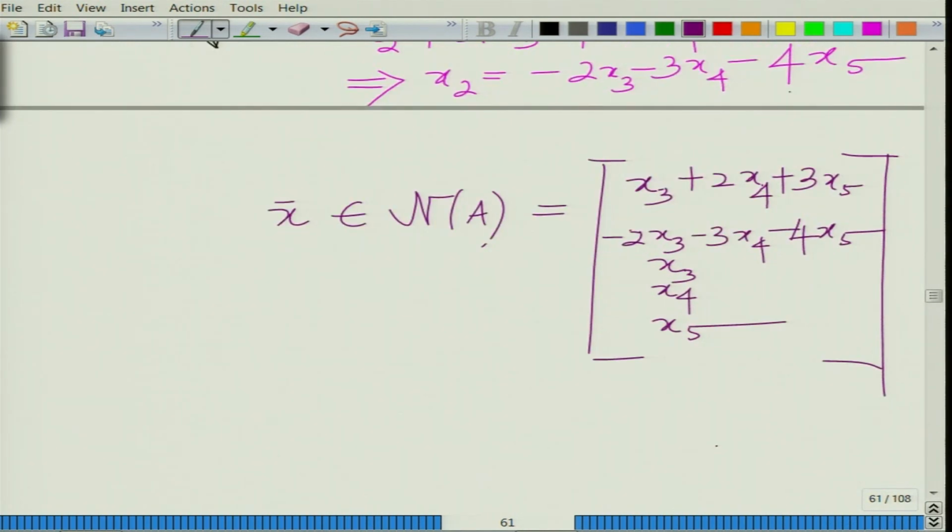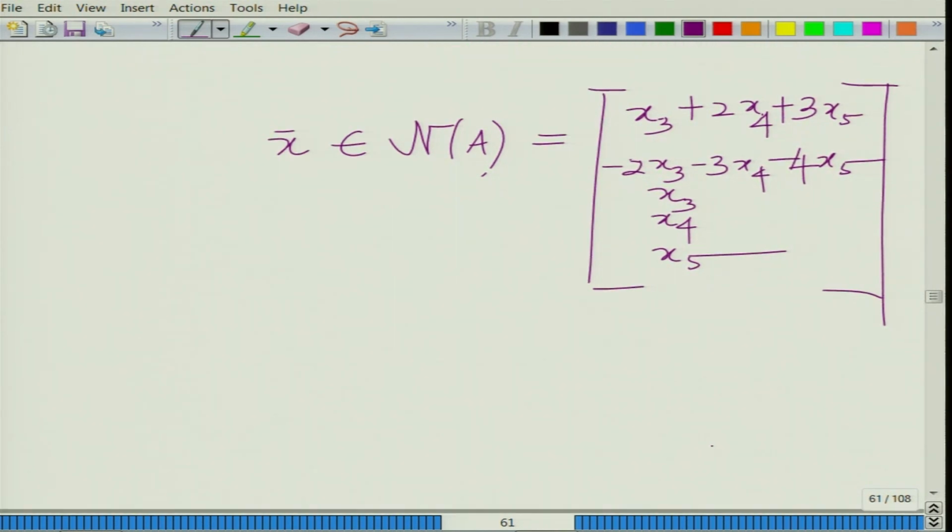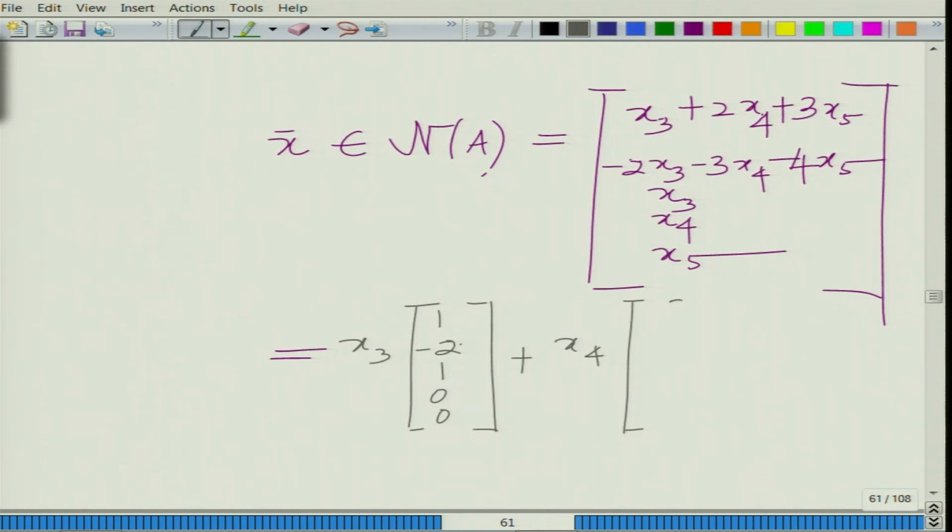You can expand this as x3 times (1, minus 2, 1, 0, 0) plus x4 times (2, minus 3, 0, 1, 0) plus x5 times (3, minus 4, 0, 0, 1).